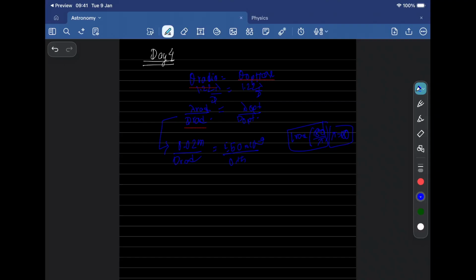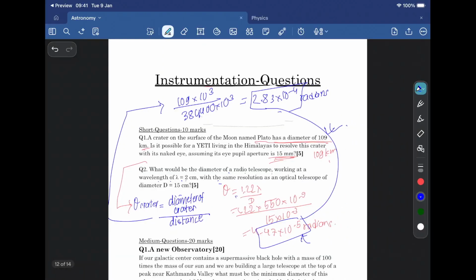Let's calculate. The radio diameter comes as, I guess, about 54 meter. Easy question.